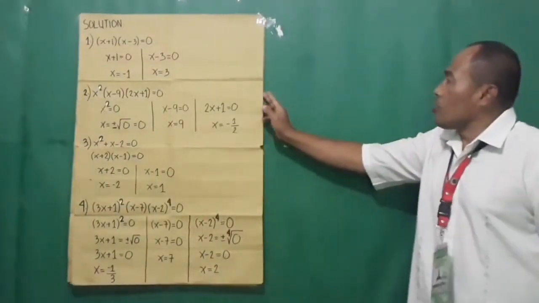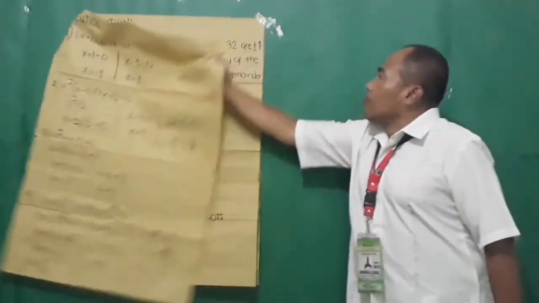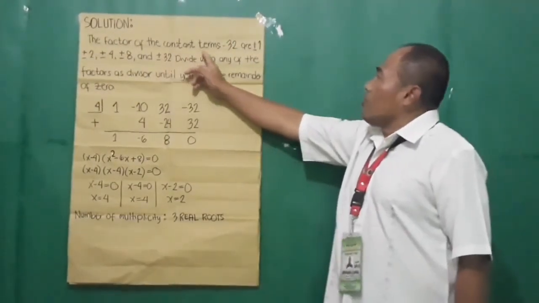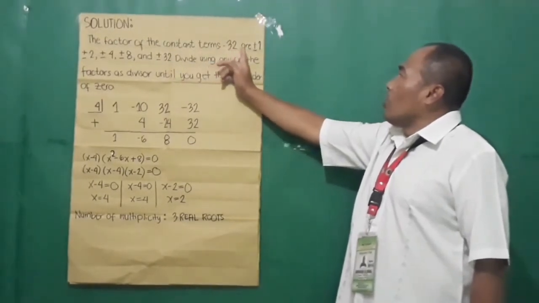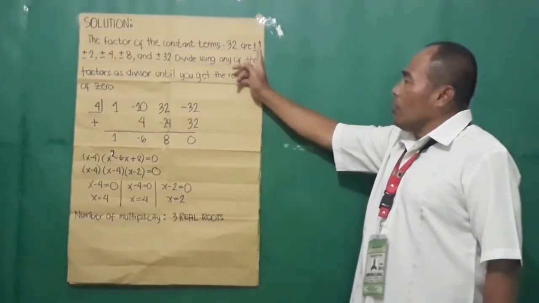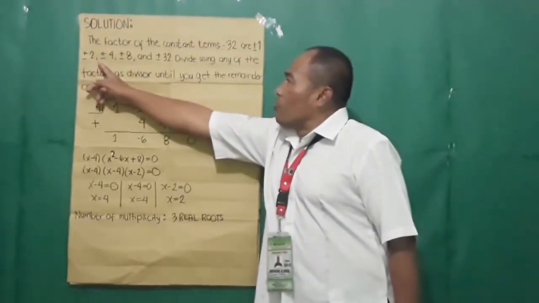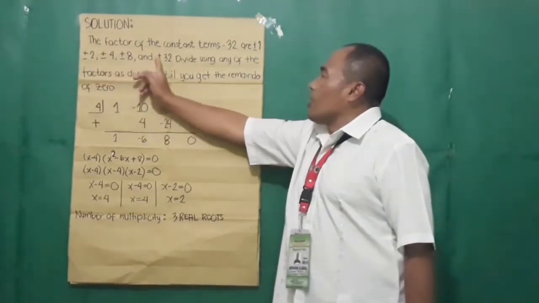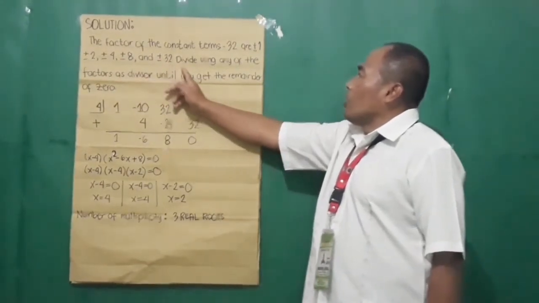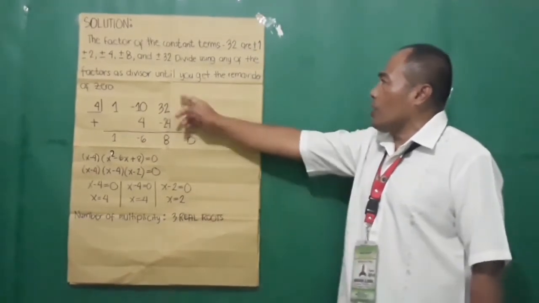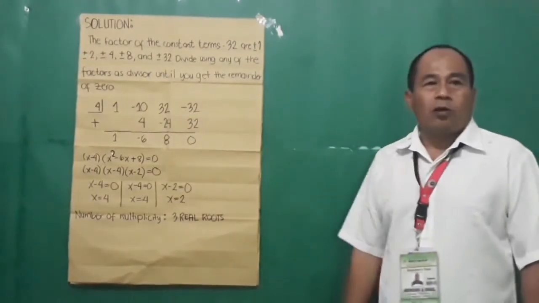Okay, let us solve the problem. The factors of the constant term negative 32 are plus or minus 1, plus or minus 2, plus or minus 4, plus or minus 8, and plus or minus 32. Divide using any of these factors as a divisor until you get a remainder of 0.